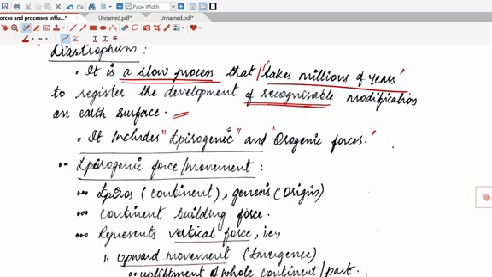What I have discussed earlier is, see, this is the earth that we are seeing today. It has undergone many changes. It includes epirogenic and orogenic forces.